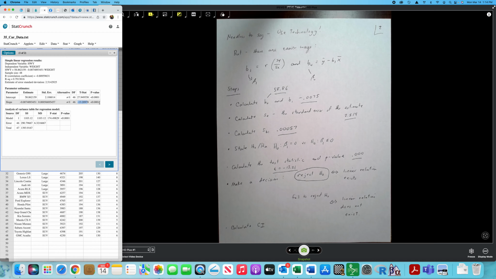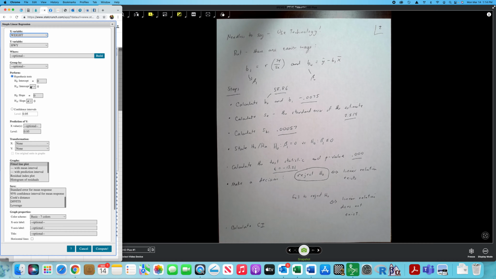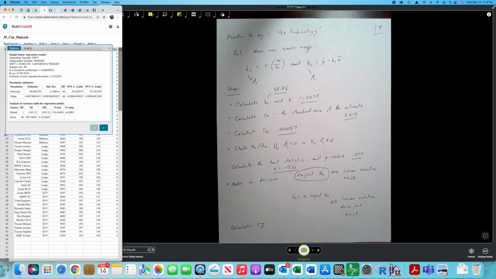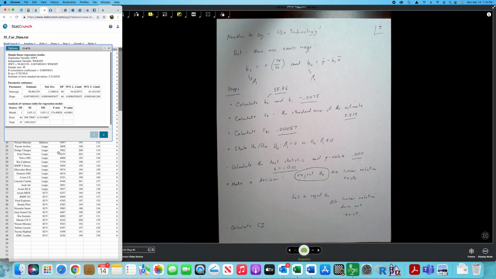Now, the confidence interval may be given over here. No, it's not. So to get the confidence interval, I'll need to go up to options and go to edit. And instead of selecting the hypothesis testing information, I need to come to the confidence interval. Let's compute. And we have tunnel vision on the 95% confidence interval for the slope.